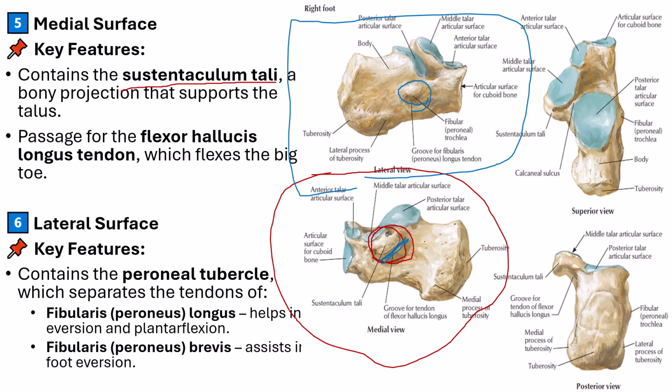This tubercle acts as a pulley to guide the fibularis longus and brevis tendons, which are responsible for foot eversion. These tendons help prevent excessive inward rolling of the foot, reducing the risk of ankle sprain.